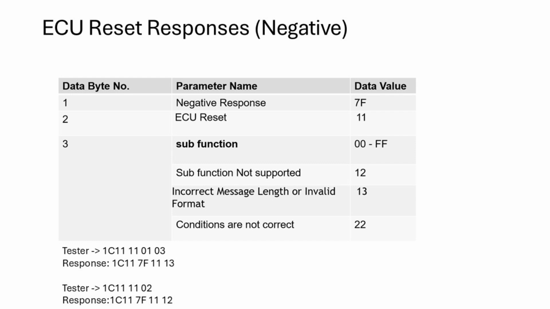So then the ECU reset negative response. As you can see, the negative response starts with 7F, and the ECU reset service ID is 11. As explained earlier, subfunction not supported is 12, incorrect message length or invalid format is 13, and condition not correct is 22. How do you get this subfunction not supported?